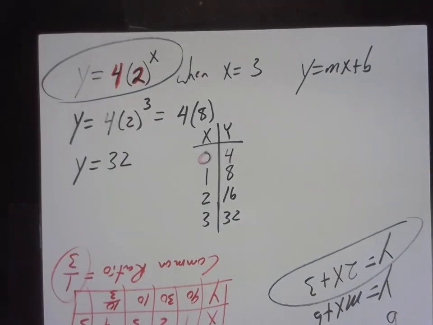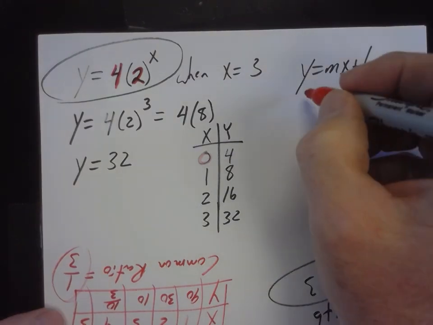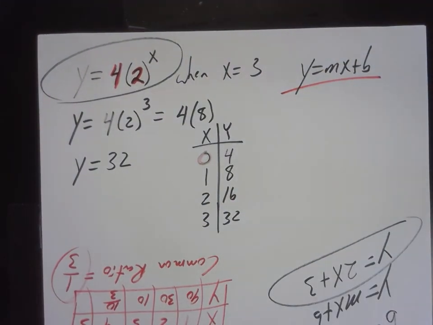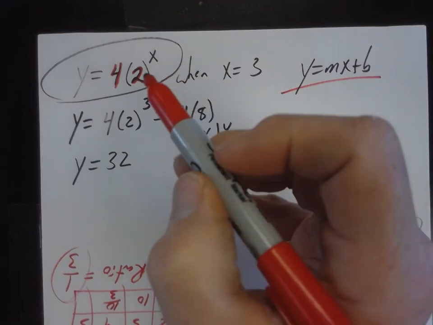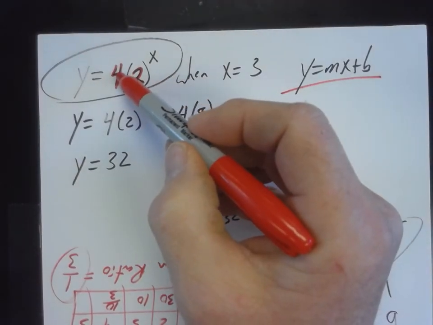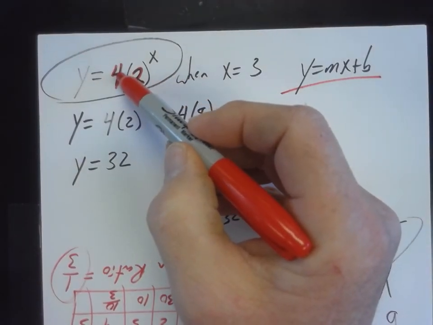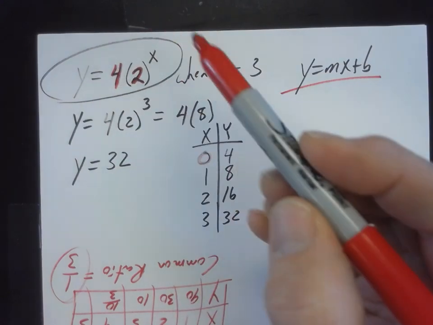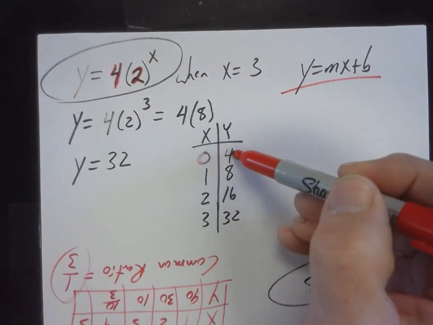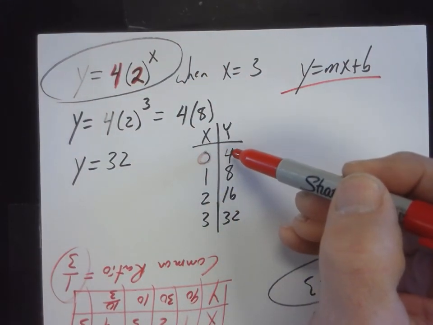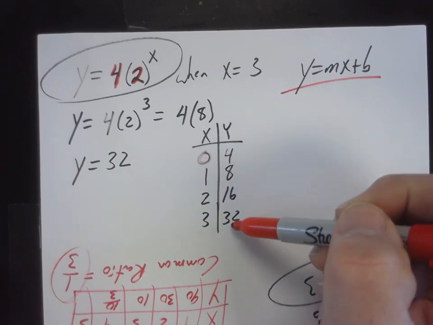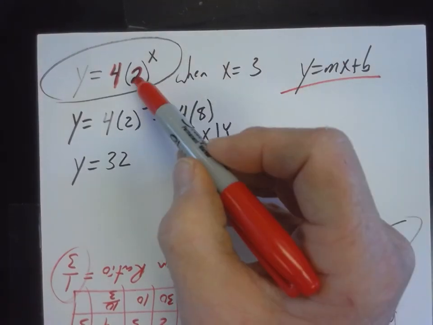Now, this seems to me a lot like a linear equation. We have a number we get when we put 0 in for x, like a y-intercept, right? And it is a y-intercept, (0, 4). And then we have what's happening each time. But we're not adding 2 each time. What are we doing?